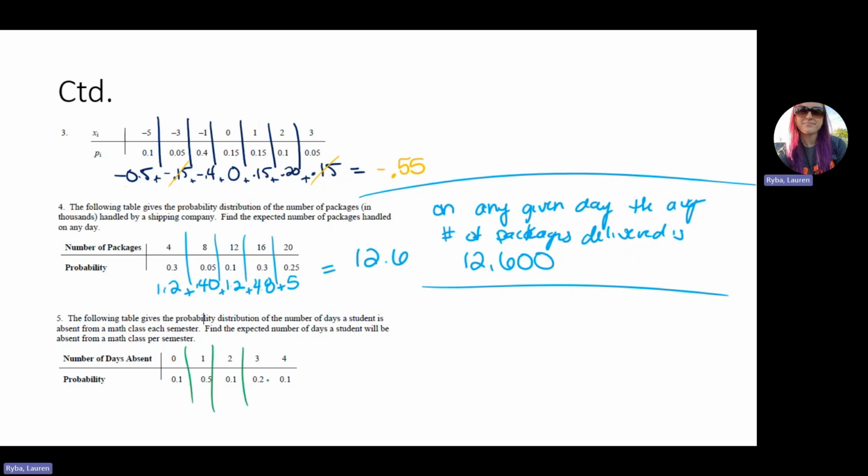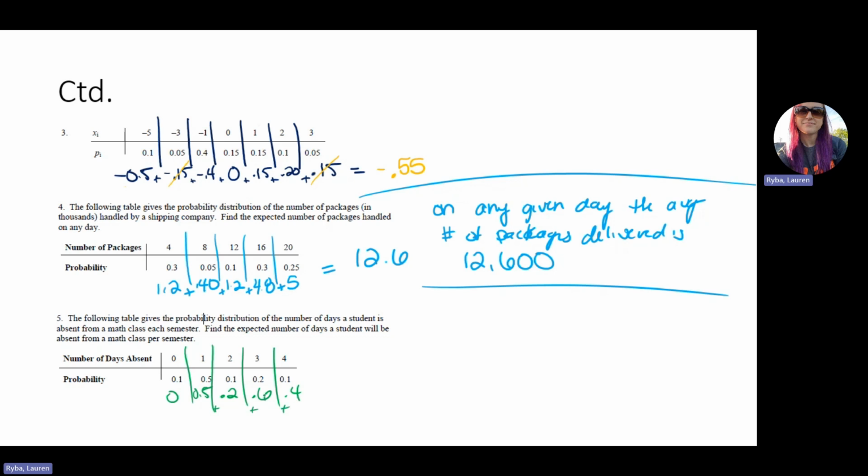So we can find the overall average. 0 times anything is 0. 1 times a half is a half. 2 times a tenth is 2 tenths. 3 times 2 tenths is 6 tenths. 4 times a tenth is 4 tenths.